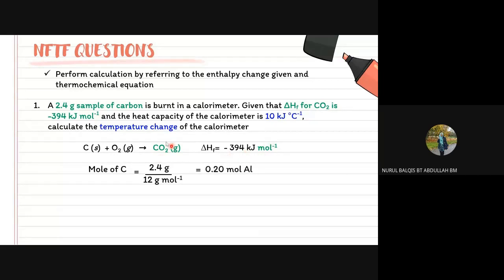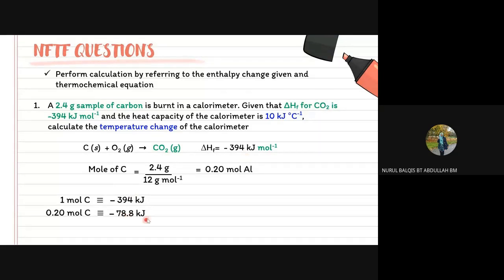This 394 comes from 1 mole of CO2, so it is the same 1 mole here. That's why we can just use this value. We know 1 mole of C releases negative 394 kilojoule, since it is 1 mole, 1 mole, 1 mole. Then for every 0.20 mole, we will use 78.8 kilojoule only.